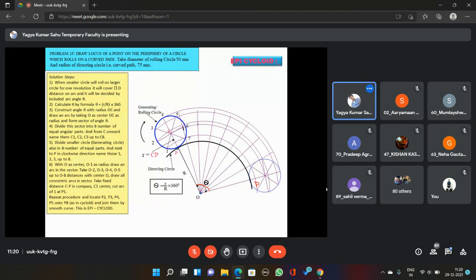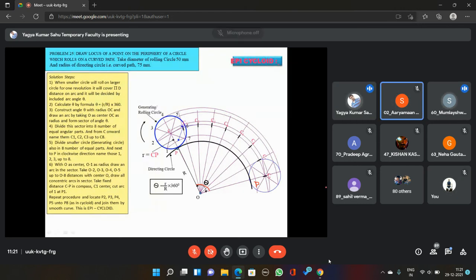So locate the center points C1, C2, C3. Now how will you get the first point P1? You'll get P1 on that arc which is passing through 1 and 7, and the distance of P1 will be 25 from C1. Like this. Yes or no?